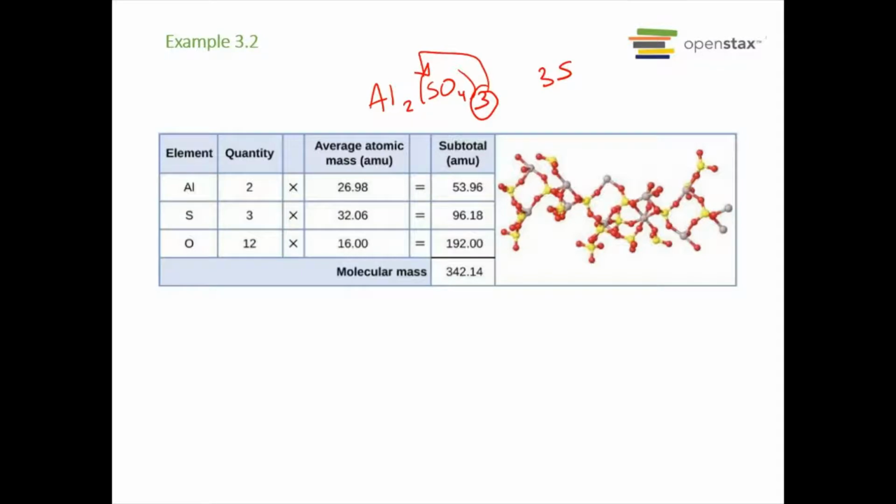You have to multiply it times the subscript, and then there's 12 oxygens, because there's 3 SO4s. So do the element quantities and their masses, and it says molecular mass. That's a typo in the book. Formula mass, 342.14 AMUs.